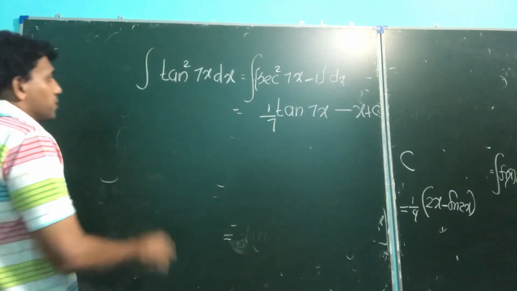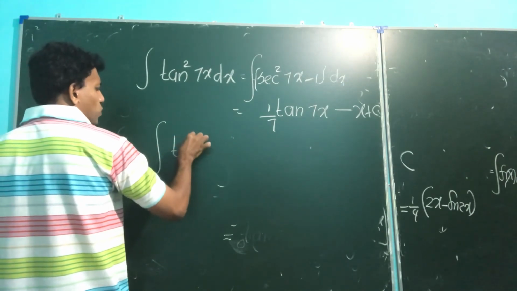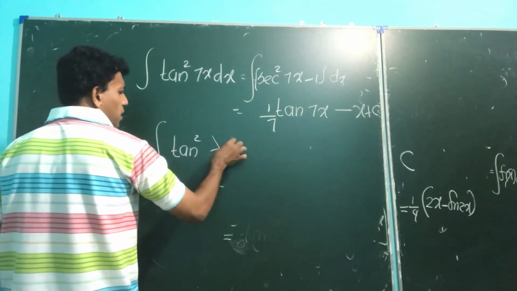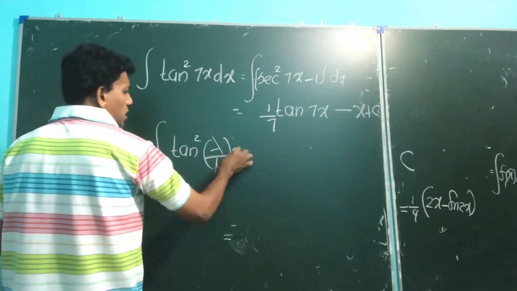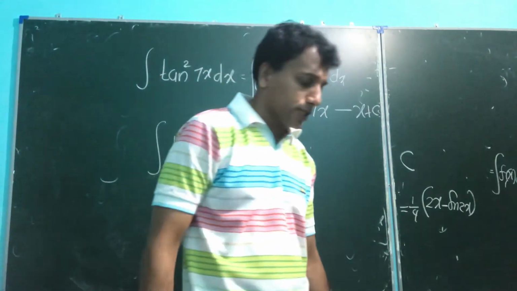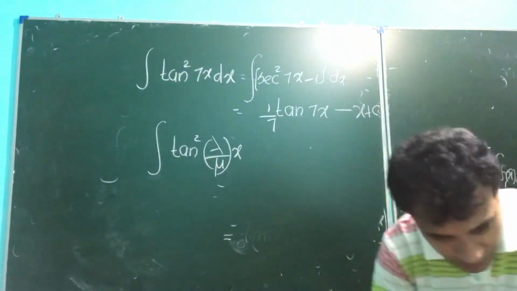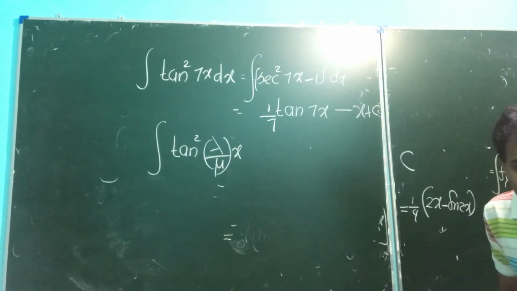See another example, integral of tan square of lambda over mu into x. See that? Tan square lambda over mu into x. Get the standard answer by changing to sec square.